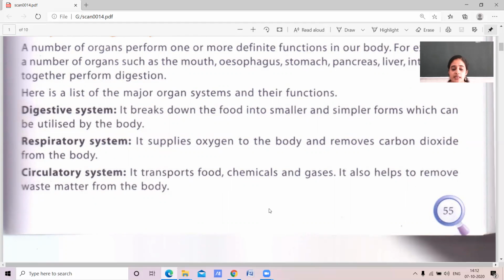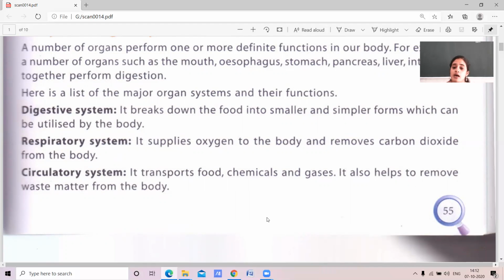Okay. The next is the respiratory system. What is the function of this respiratory system, children? Yes, it helps to supply oxygen to the body and remove carbon dioxide. Yes, our body needs oxygen and the carbon dioxide is released from our body.